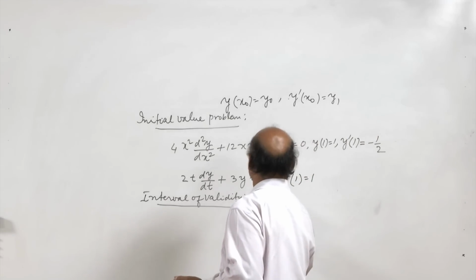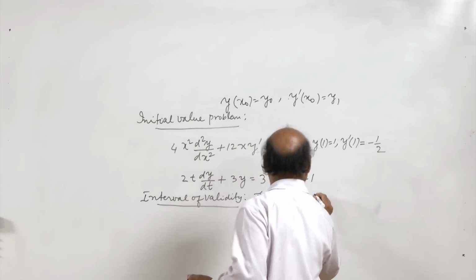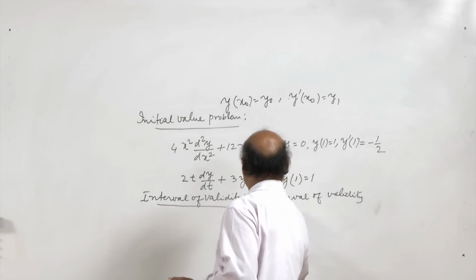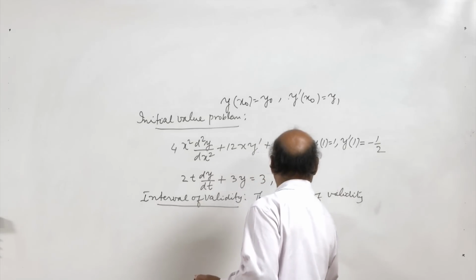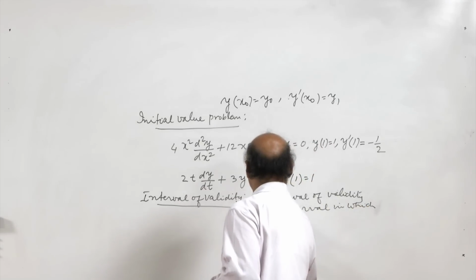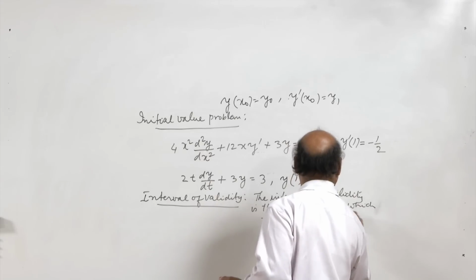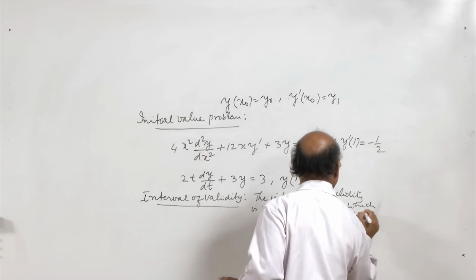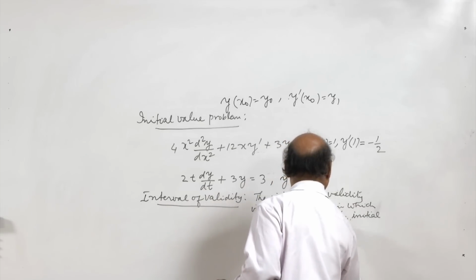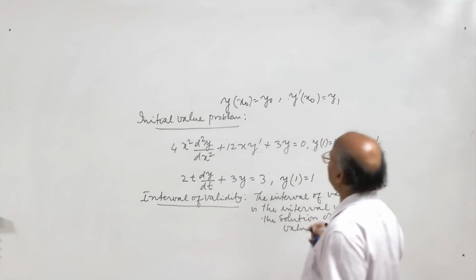So, the interval of validity is the interval in which the solution of the initial value problem is valid. Initial value problem, in short, we also denote by IVP.